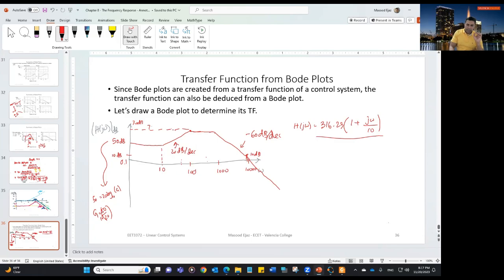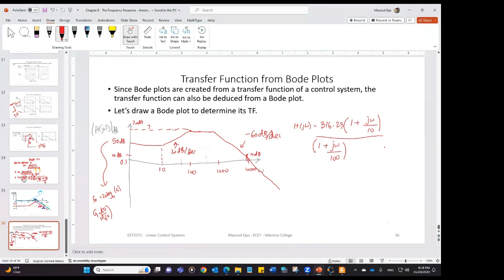That negative 20 decibel per decade and this positive 20 cancel each other, and it becomes constant at 70 decibel. It stays at that until 1000. And then it's 1 plus j omega over 1000.